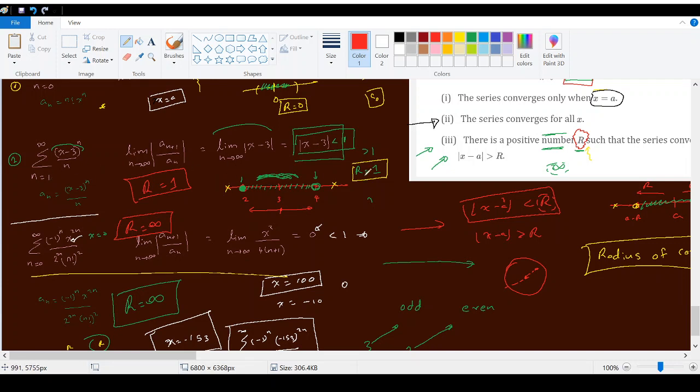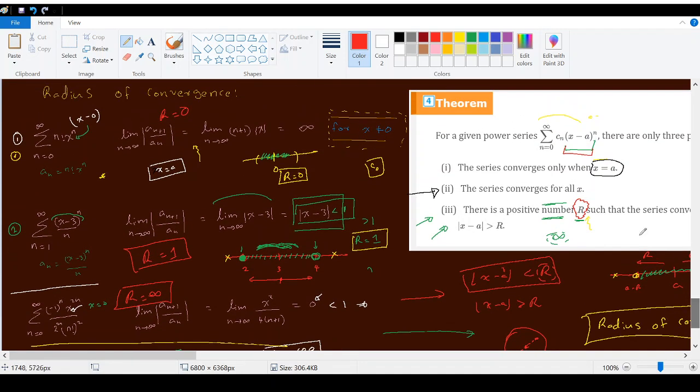Here, as a summary, we saw that for any given power series, there is a thing called the radius of convergence. This number can be 0, or it can be a finite value, or it can even be infinity. If we choose the center point and measure this distance, if it is 0, you cannot have any distance, then it is just the center point.